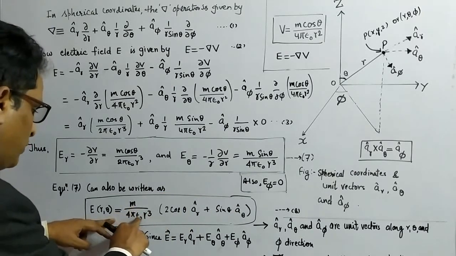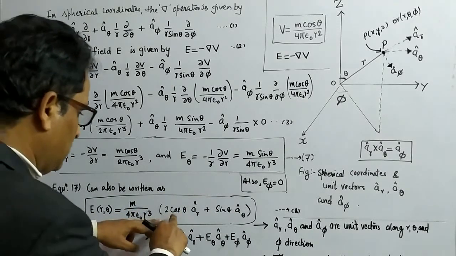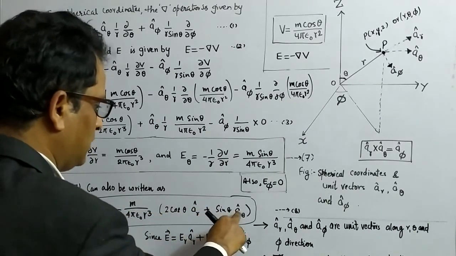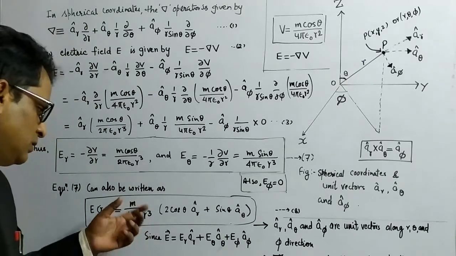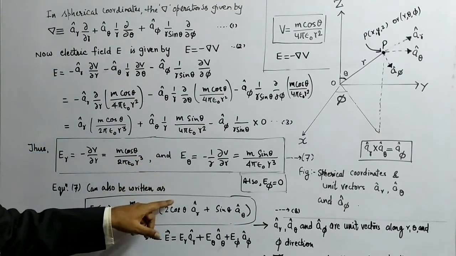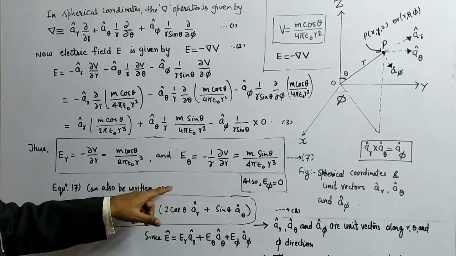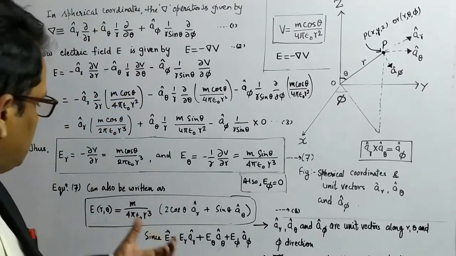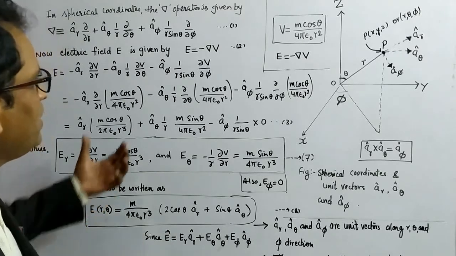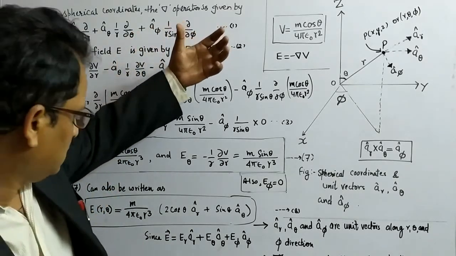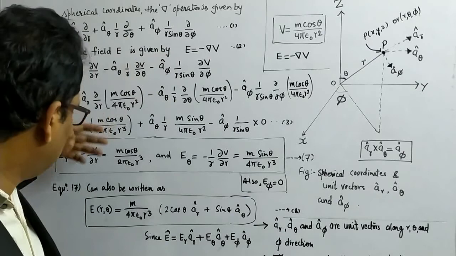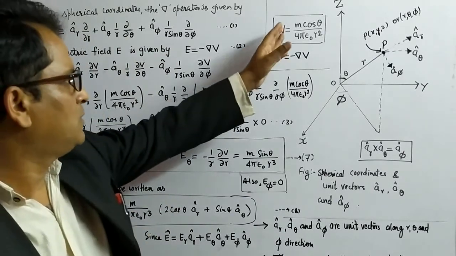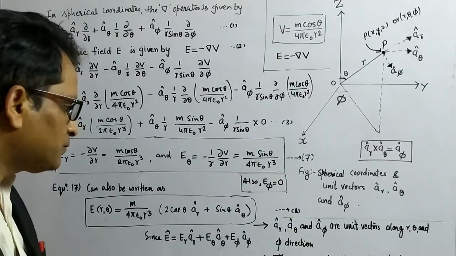So E is m upon 4 pi epsilon naught r cube, and in the bracket 2 cos theta unit vector plus sin theta unit vector. So these two are the final expressions for the electric field. We have finally deduced an expression for the electric field in terms of radial and angular components based on the expression for potential.